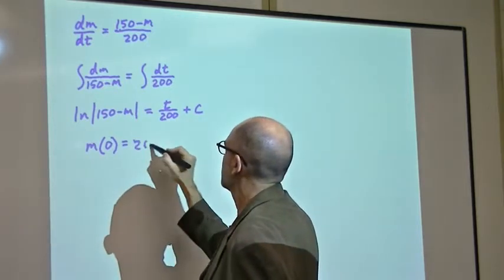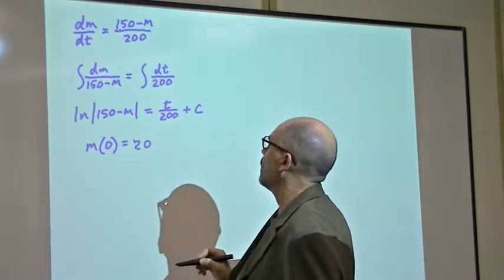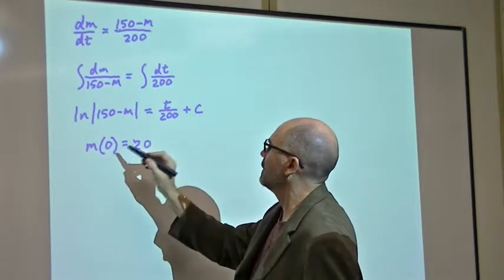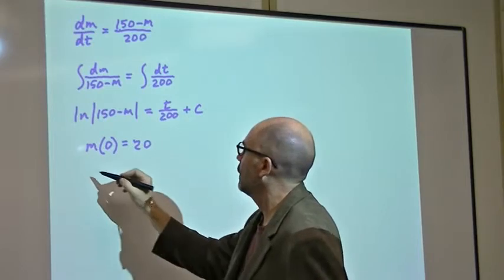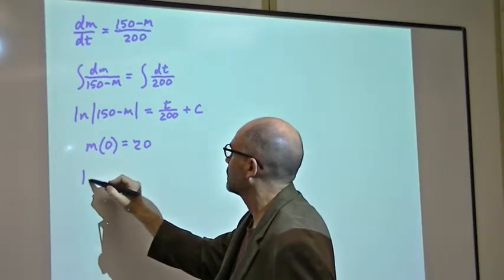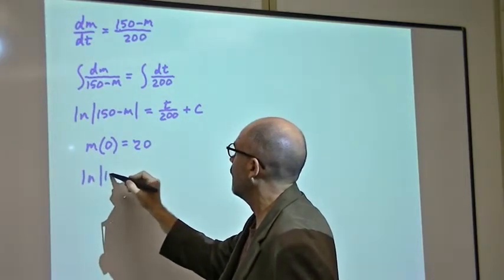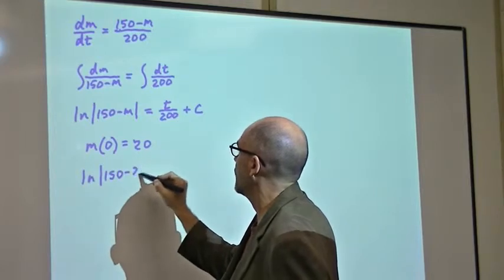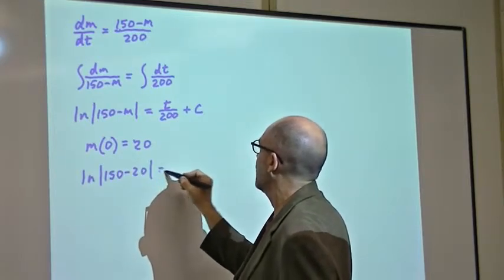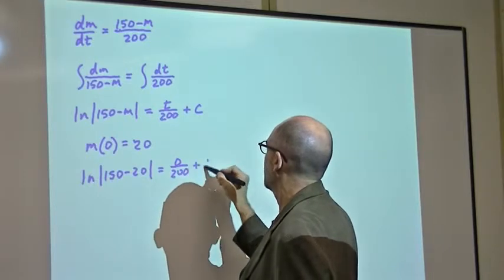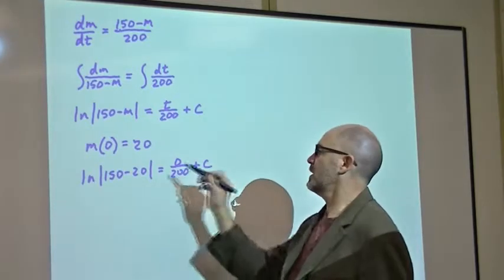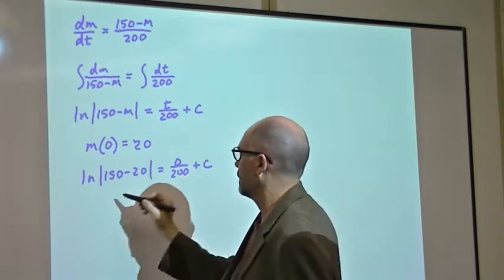So now what we do is plug in 0 for t and 20 for m. So natural log of 150 minus 20 equals 0 over 200 plus c. So clearly c equals natural log 130.